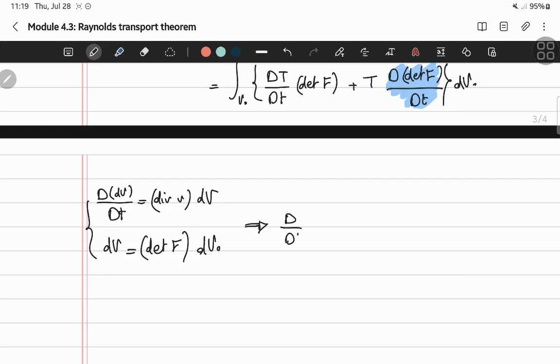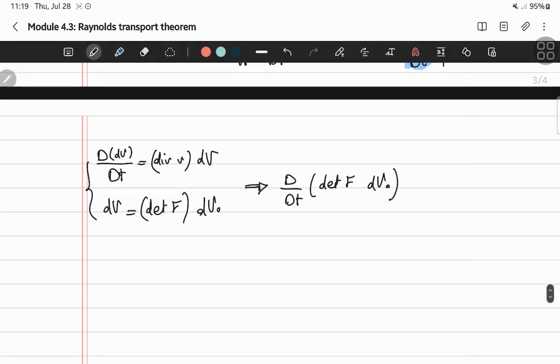If I take the material derivative of this side of the equation, I have the material derivative of the determinant of F dV0, which is equal to the material derivative of the determinant of F times dV0 plus the determinant of F times the material derivative of dV0.